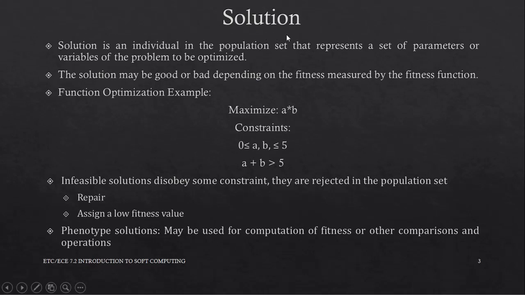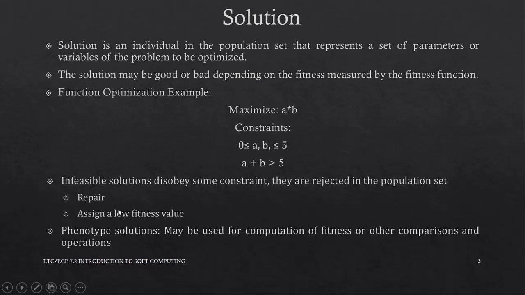Now the solution may be feasible or infeasible. Infeasible solutions usually disobey some constraint of the problem, and that's why they are not valid solutions. Infeasible solutions cannot be returned as the final solution by the genetic algorithm, and these are usually not accepted in the solutions at all. Thus, whenever these solutions try to enter the population set, they are rejected. We rather repair them to make them feasible and then allow them to enter the population set.